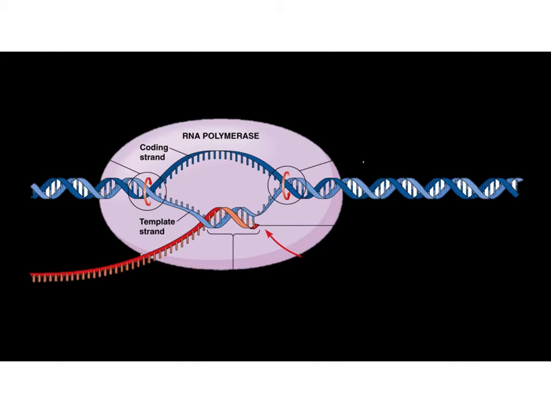So this is the process of transcription. Transcription begins when an RNA polymerase finds a TATA box, which is a repetition of thymine and adenine base pairs within the DNA. So what happens is that RNA polymerase attaches to that at the TATA box and pulls it open. We have a coding strand along the top here and a template strand along the bottom.